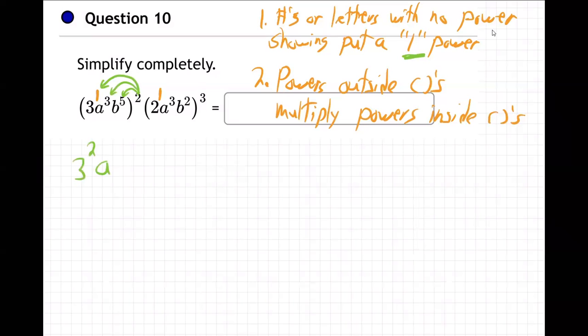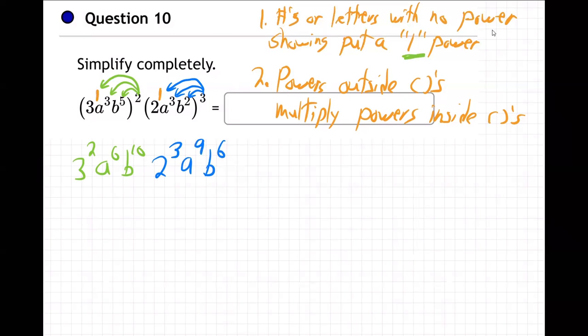So it'll be 3 to the second, A to the 6th, B to the 10th. The parentheses are gone because whenever something outside parentheses goes in, we drop them. It's like water coming through a floodgate. Multiply, multiply, multiply. So powers outside parentheses, multiply powers inside parentheses: 2 to the 3rd, A to the 9th, B to the 6th.